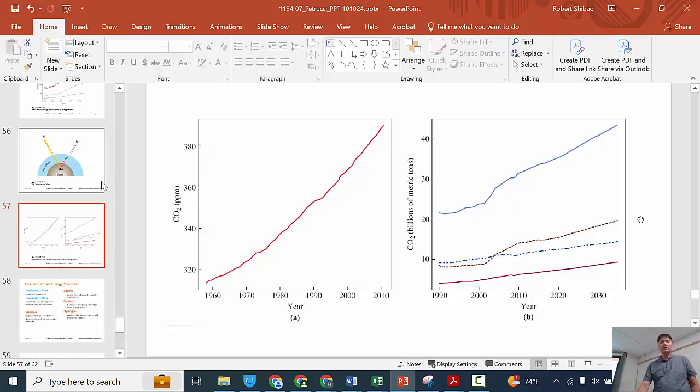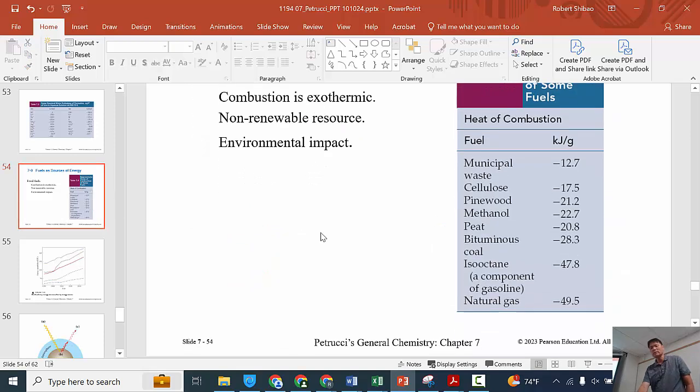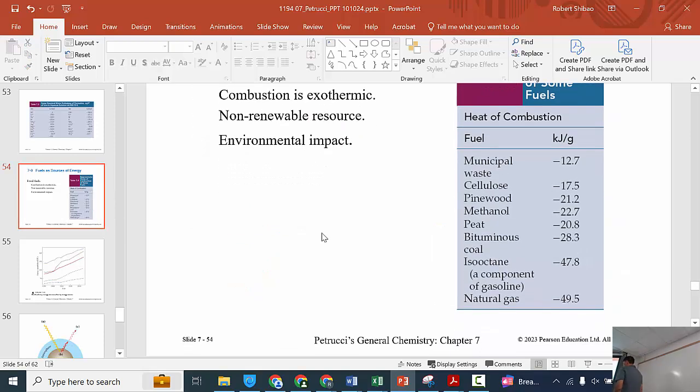Okay, this brings up another point. The other point is natural gas burns cleanly, except for the CO2. Otherwise, it's quite a good fuel. But there are problems with natural gas. Natural gas itself is a greenhouse gas. So cows end up emitting a lot of natural gas emission.